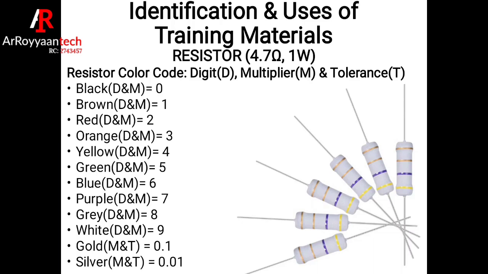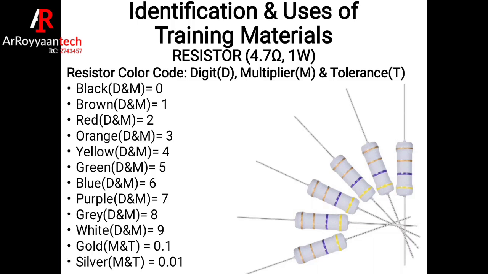The next one is the multiplier, meaning that for the color at the third band of a 4-band resistor, you say 10 raised to the power of that number. For example, here the third one is gold, so our code is 0.1, so you multiply by 10 raised to the power 0.1.